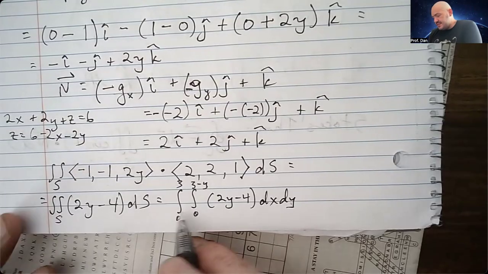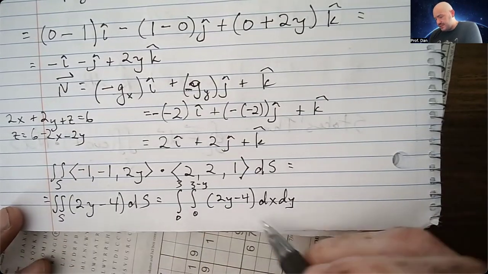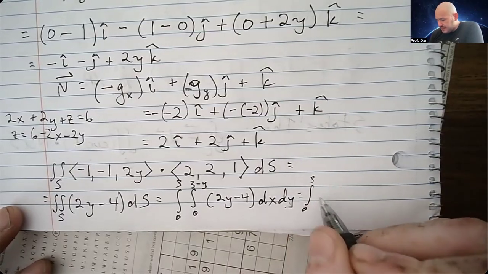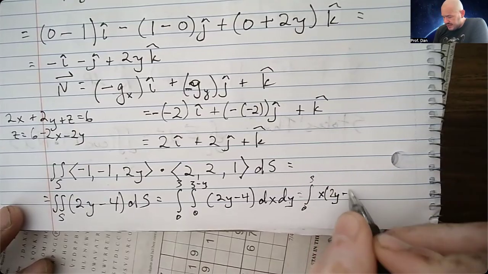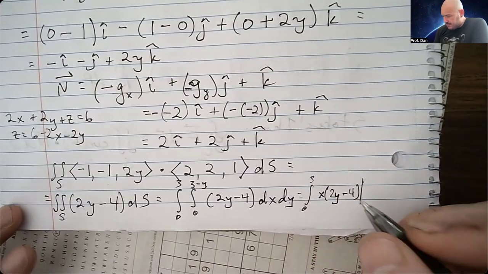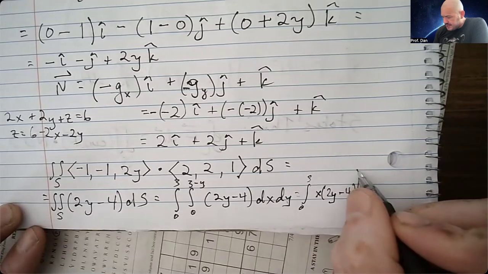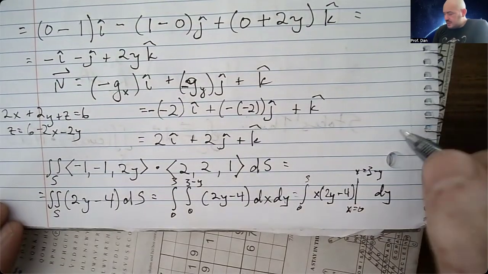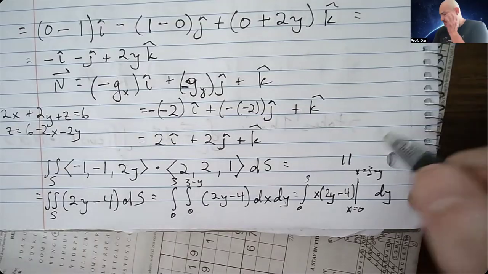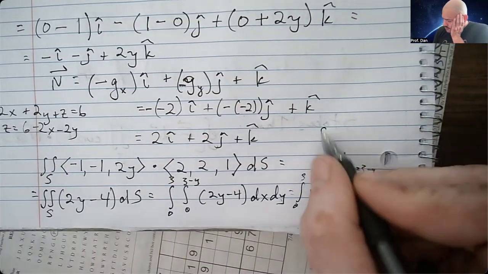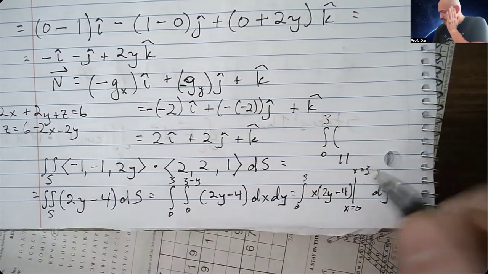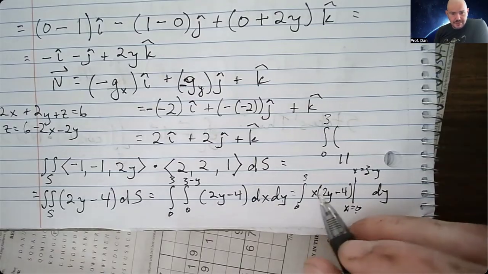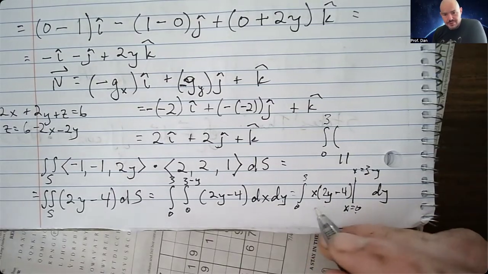So now that I've set this double integral up, I can evaluate that one actually really easily. So we get the integral from 0 to 3 of x times 2y minus 4 evaluated from x equals 0 to x equals 3 minus y. Then integrate with respect to y. So if I multiply that out, right, because I know plugging in 0 is going to give me 0, but if I plug 3 minus y in, then I can double distribute to figure out what this works out to.